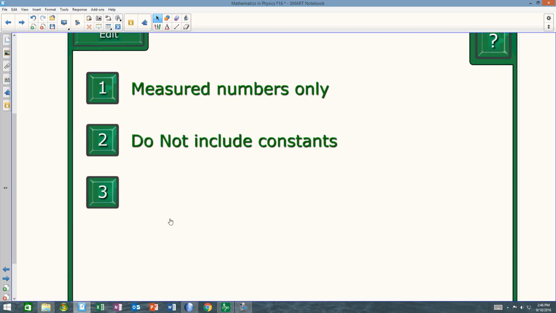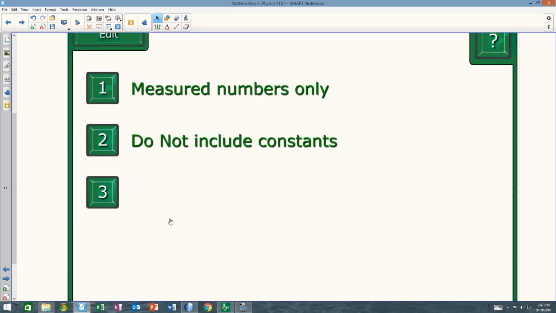So this is where it gets a little tricky. Everybody wants to use every number that they put into a formula for significant digits. It really makes it easy, doesn't it? If we just use every number. Unfortunately, we can't do that. For instance, the magnitude of the acceleration due to gravity is 9.8 meters per second squared. That 9.8 is a constant that we use for most of our calculations, and therefore we can't use it towards significant digits.